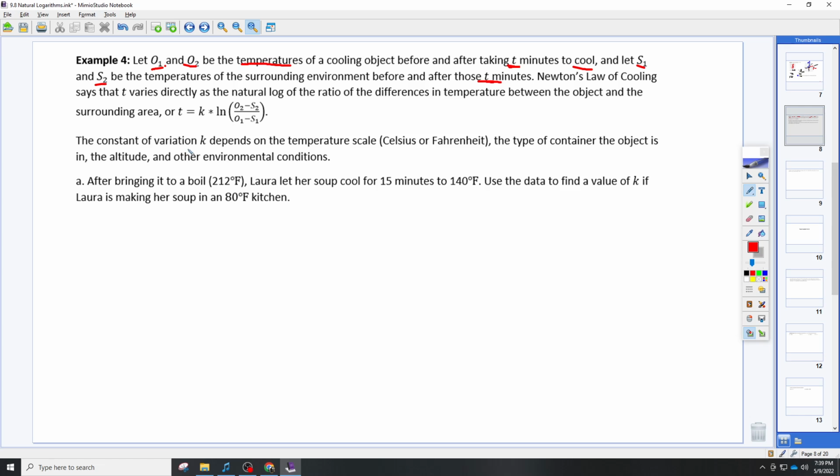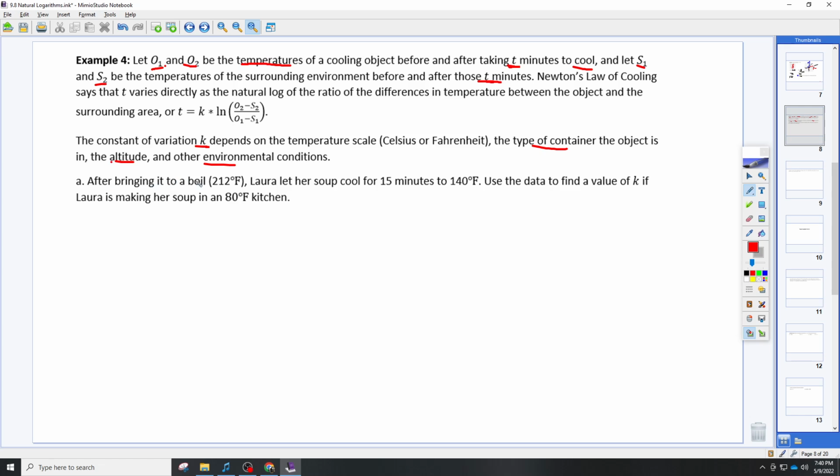The constant of variation K depends on the temperature scale, Celsius or Fahrenheit, the type of the container the object is in, your altitude, and other environmental conditions. So this K value changes depending on where you are and what you're trying to get cold over time. We're going to be talking about some soup, in a specific container. So these things will change how fast something cools down.